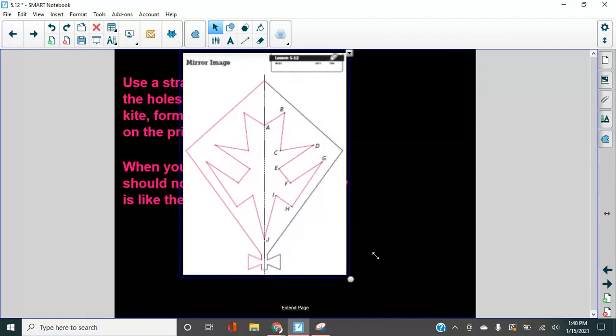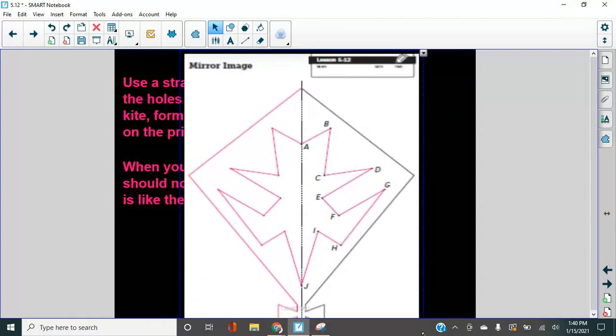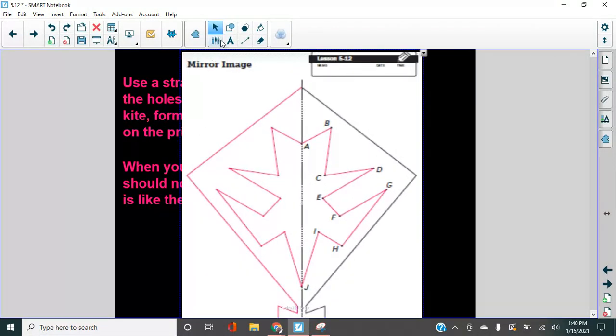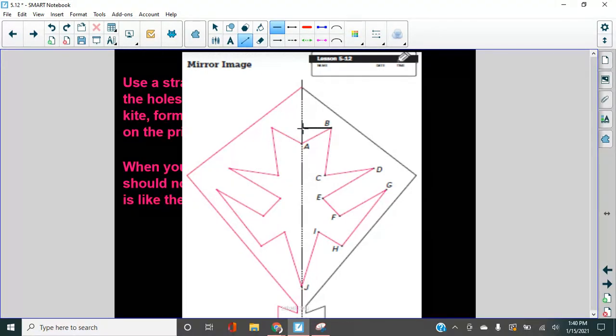If you are looking at distance here, this distance from point, we'll start at maybe point B. Point B to the middle line is the same distance as the other side to the middle line. See that? Those measurements, maybe we'll call them 5 centimeters, right? They're less than that probably on your paper, but those would be the same.